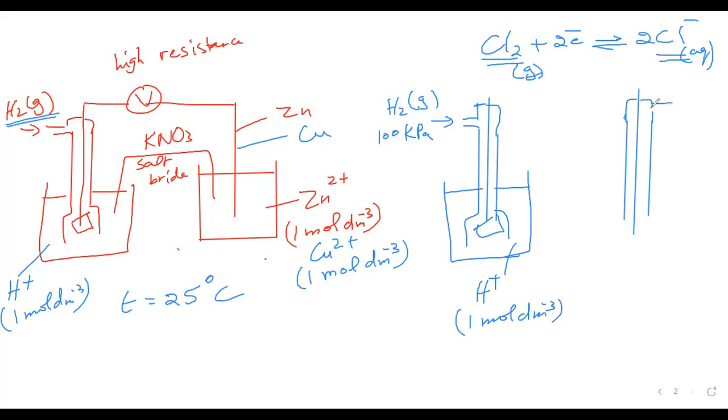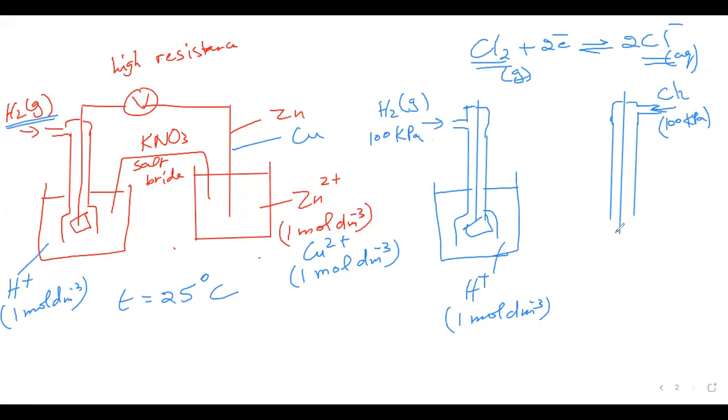I want to pass chlorine gas, also at 100 kilopascal or 1 atmosphere, over the platinum wire through a solution containing the chloride ions whose potential difference with chlorine gas we want to measure. Here also the chloride ions have a concentration of 1 mole per decimeter cube.